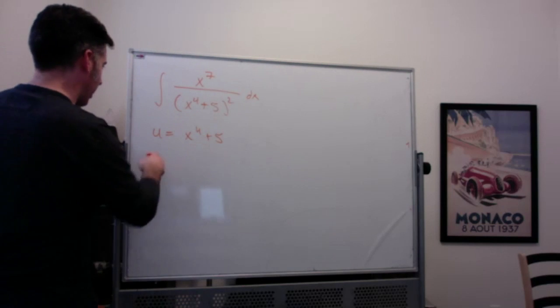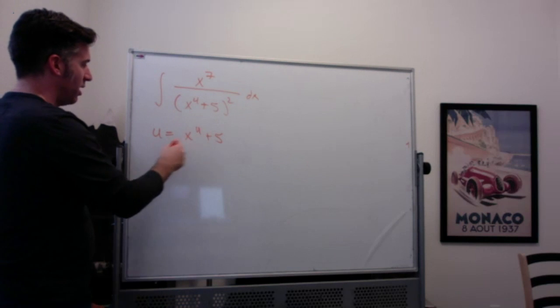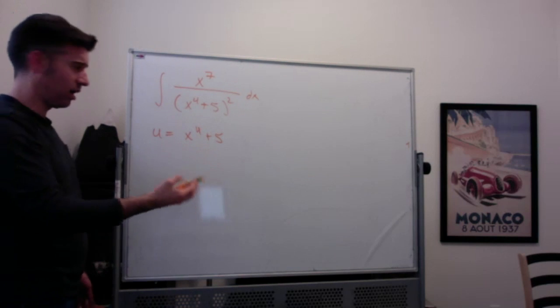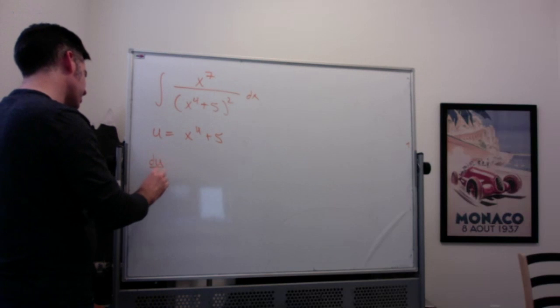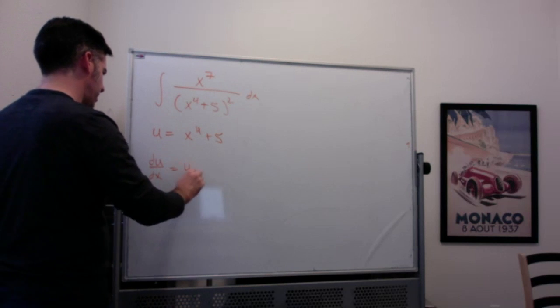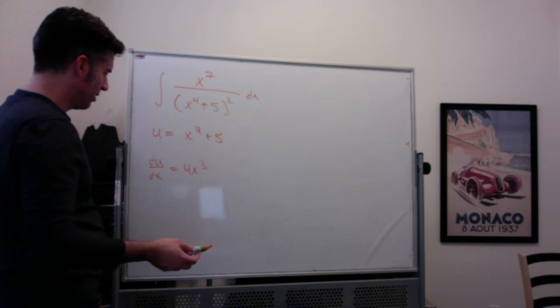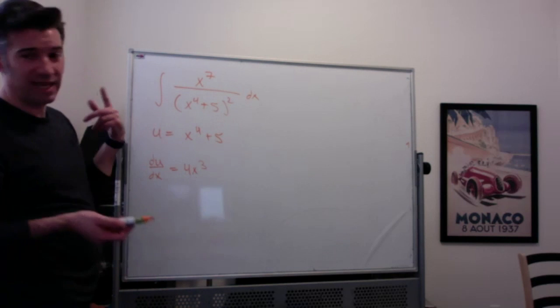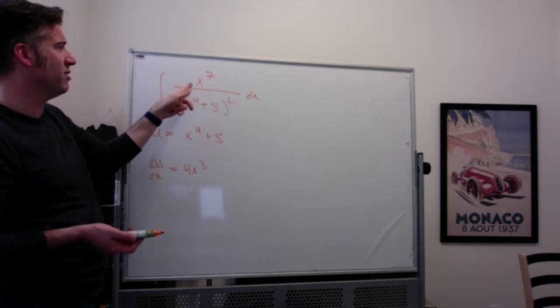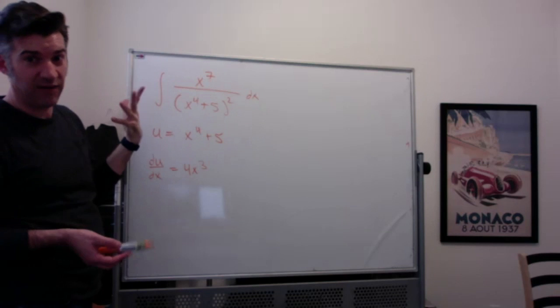Okay. So I'm going to make this choice and I'm going to work on it. I'm going to say, well, du dx is still 4x cubed. And I can still isolate the x cubed, because even though I don't exactly have x cubed here, I do have enough to have x cubed.